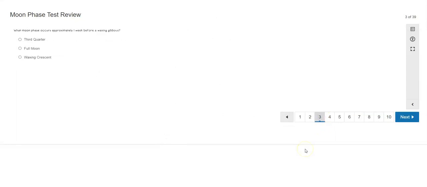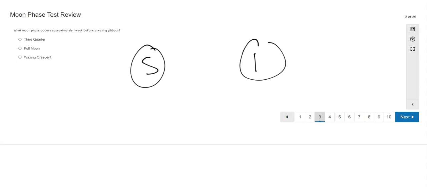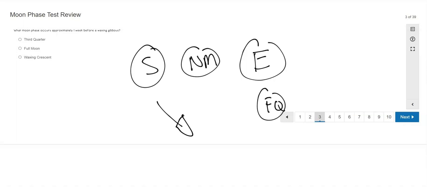Okay, what moon phase occurs approximately 1 week before a waxing gibbous? So this is looking at that model where we have the sun, the earth, we have our new moon, we go counterclockwise, first quarter, full moon, third quarter. But this particular one is asking about a waxing gibbous.